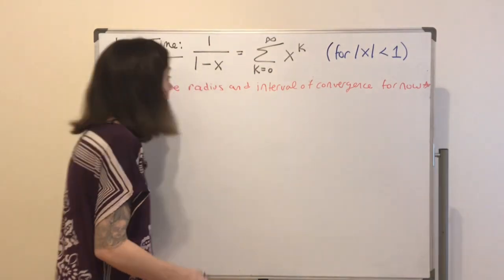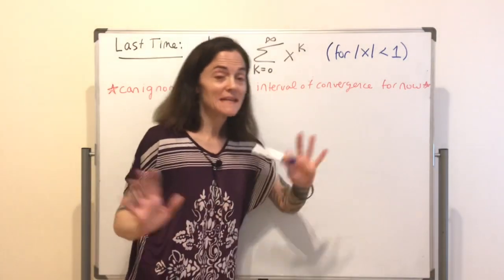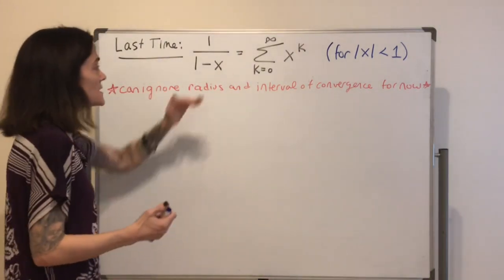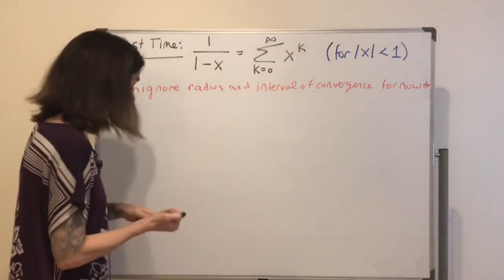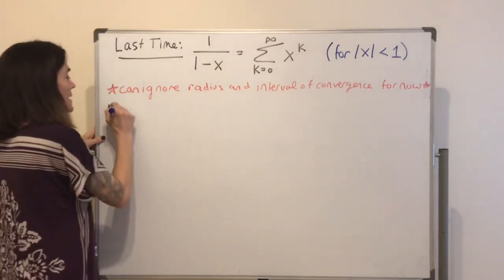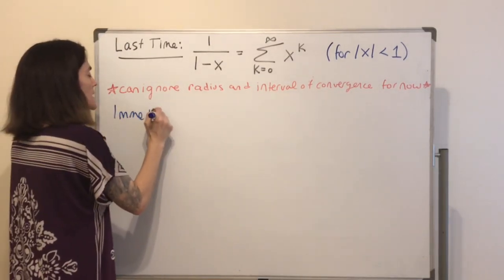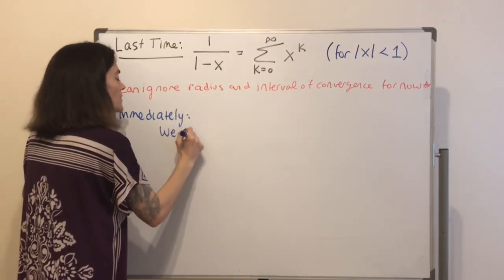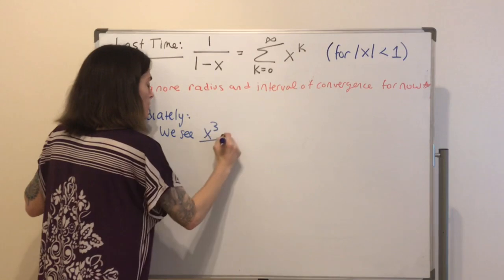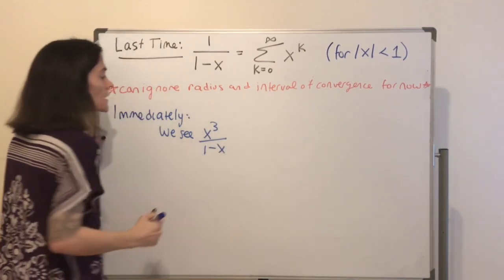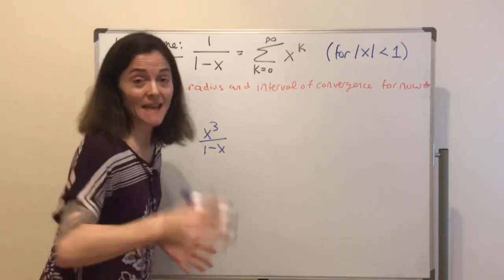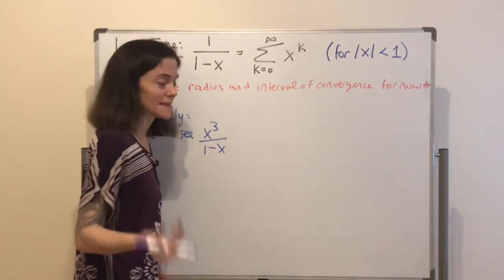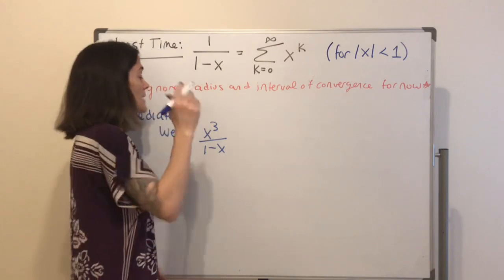So this section is manipulating power series. That's how I think of the title. I'm going to start with this from last time. And immediately, what do we see? We see the following: x cubed over 1 minus x. I don't need to start taking derivatives, which would be, well, the first one would be a quotient rule, and then they're going to get more and more complicated.